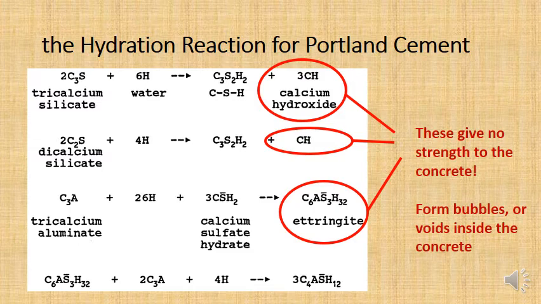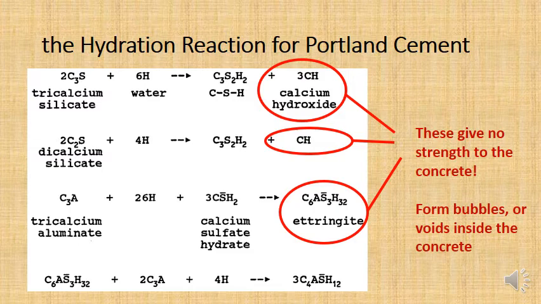Look at tricalcium aluminate, for example. How many water molecules do you need to bring tricalcium aluminate to calcium aluminate sulfate hydrate, that really strong bond? Well, it's 26 water molecules in the first reaction and 4 water molecules in the second reaction, the secondary reaction.